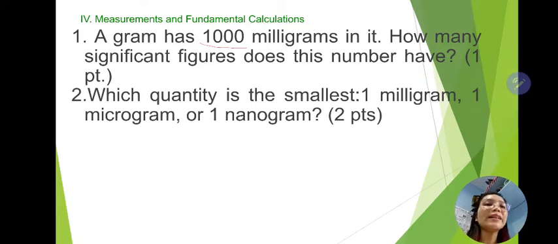Next, which quantity is the smallest? 1 milligram, 1 microgram, or 1 nanogram? So, in the table that I gave you in the discussion, we know that milli is times 10 to the negative 3.